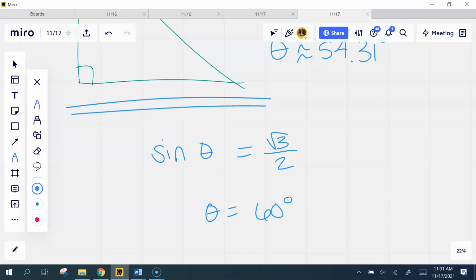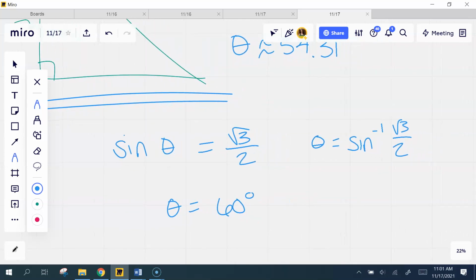Just so that you see, take out your calculator and tell me what the inverse sine of square root of 3 over 2 is. How do you do that?